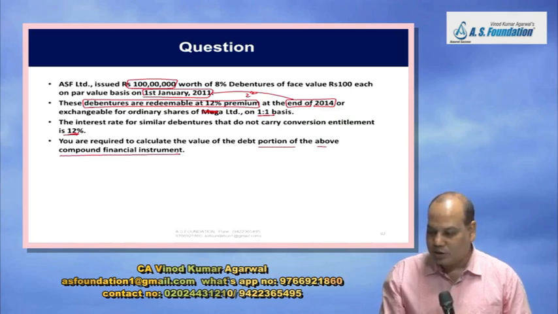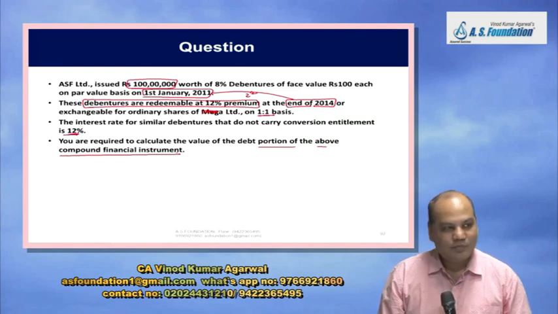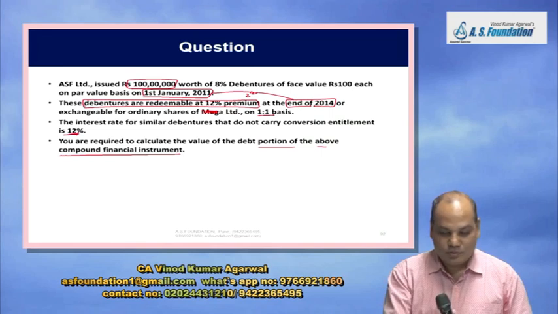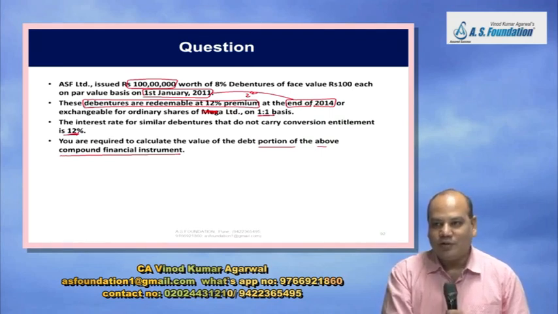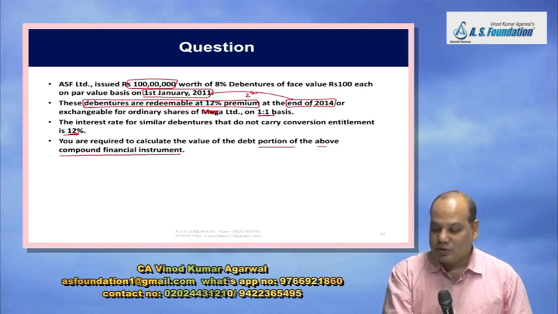So debt and equity again. Now one problem is there. Who has the option? Investor or the company? Previous 5 questions had clearly mentioned the holder has the option. But this time it is not clear.